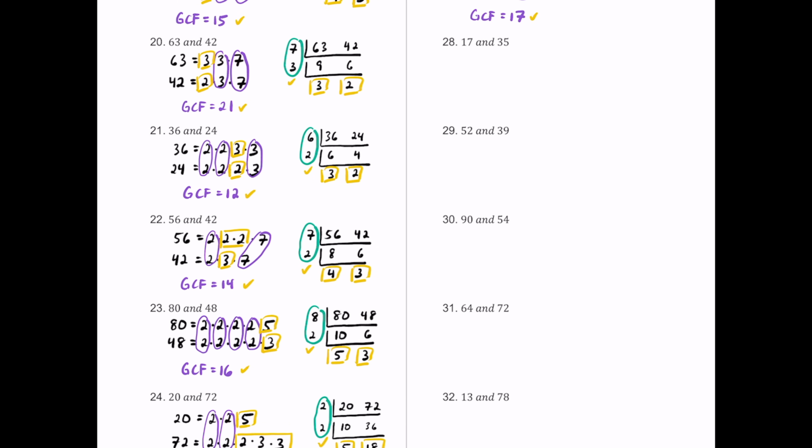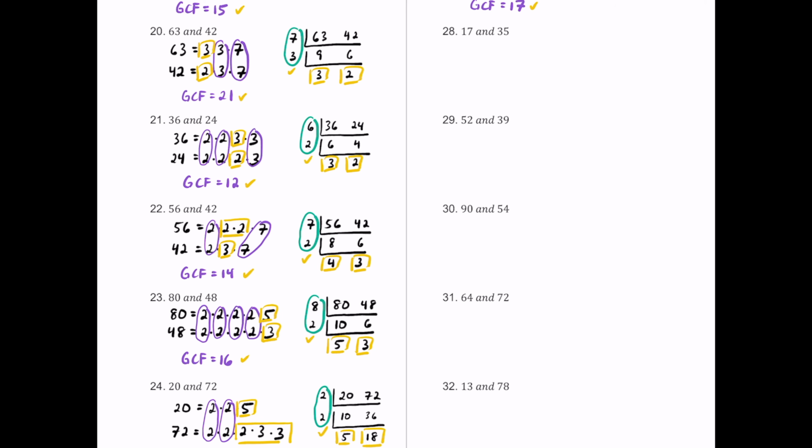For 28, we have 17 and 35. So for 17, we actually just did this. It's prime. And in 35, we have 5 times 7. I think that's one we've done already as well. They have nothing in common here, so we can say the GCF is 1, because when I say they have nothing in common, they have no prime factors in common, so the GCF is just going to be 1.